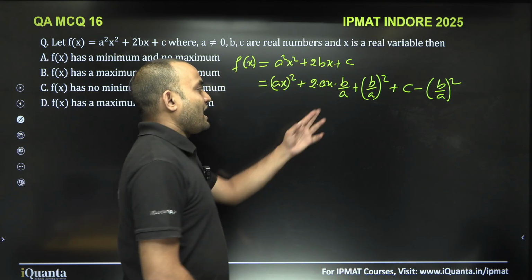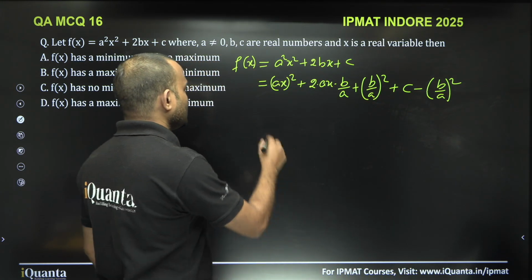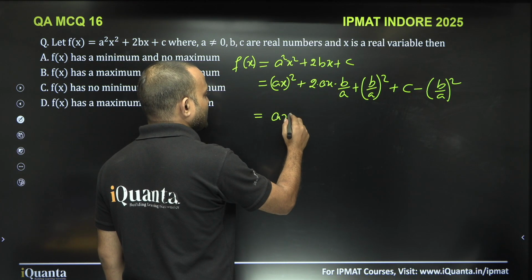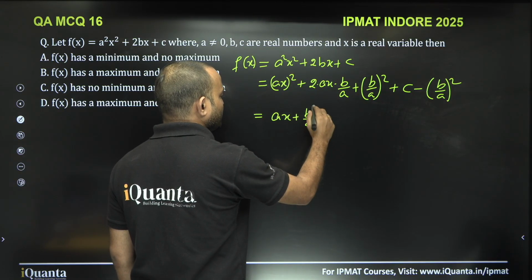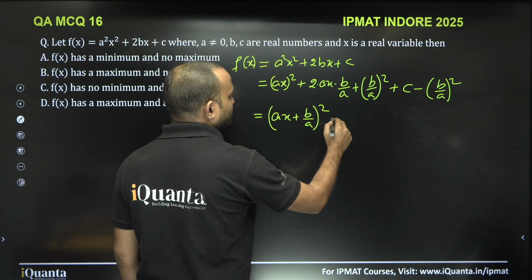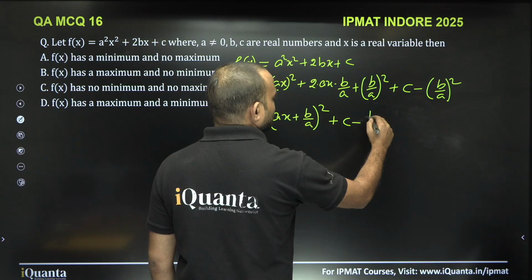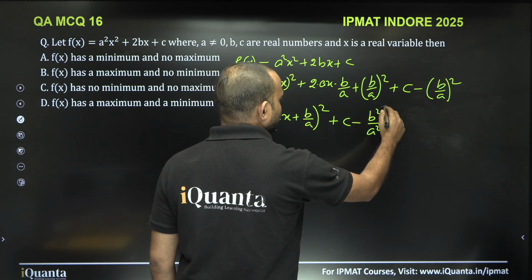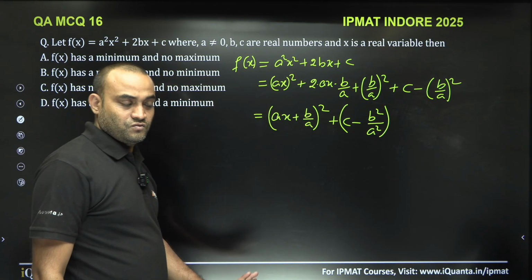Okay, adding and subtracting. So now we can write this as (ax plus b by a) whole squared plus c minus b squared upon a squared.